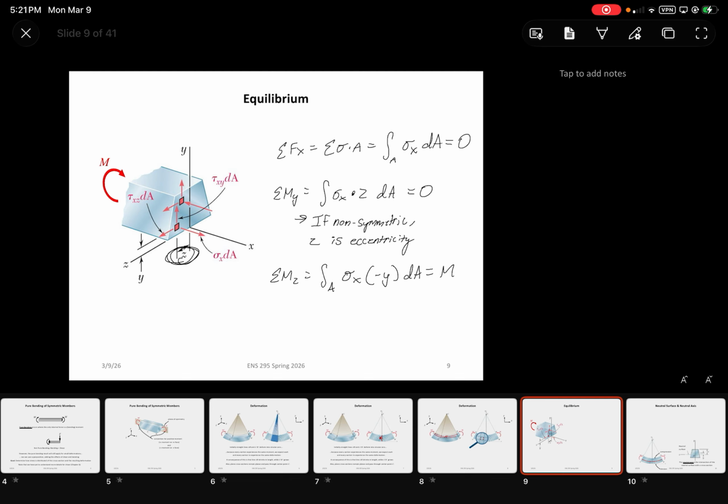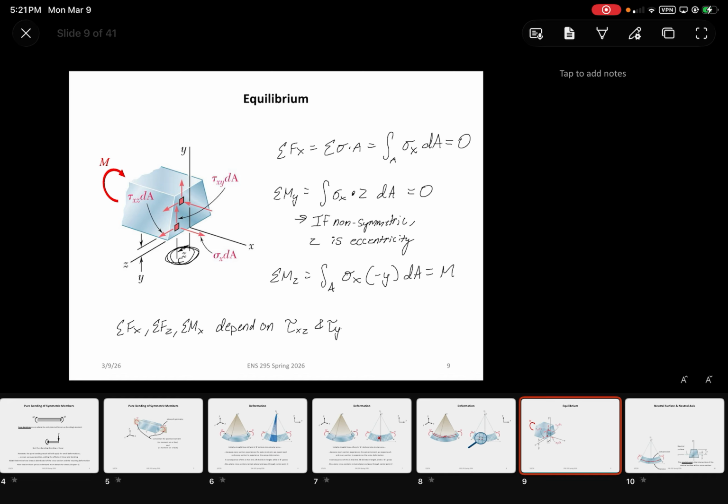Now, you might be wondering why we still have tau xz dA and tau xy dA. It's because when you do the force equilibriums, the sum of the forces in x, sum of the forces in z, and the sum of the moments about x are the only ones that depend on tau xz and tau xy.